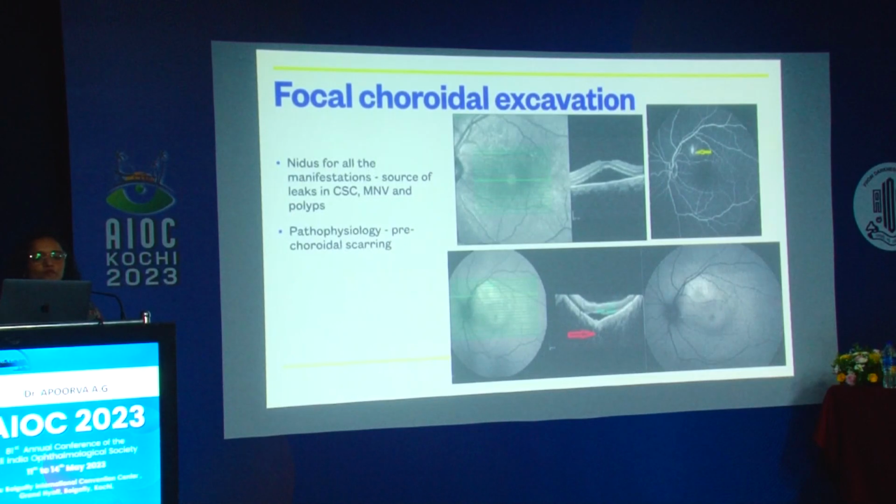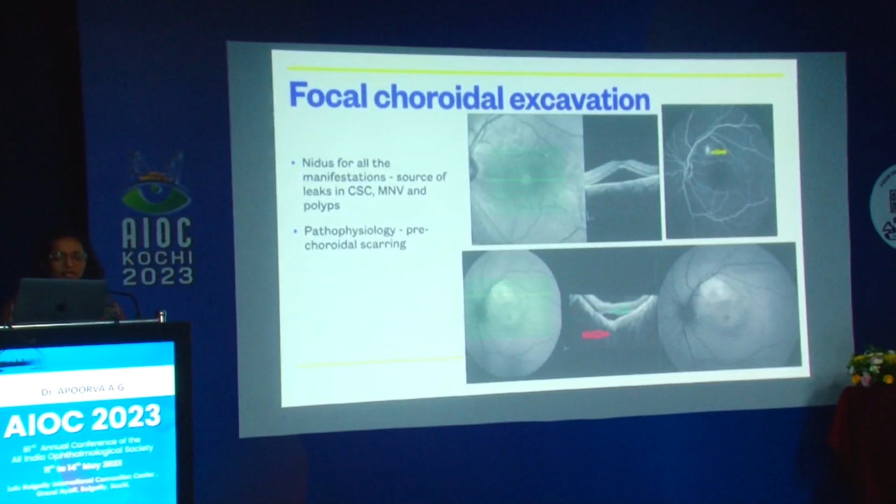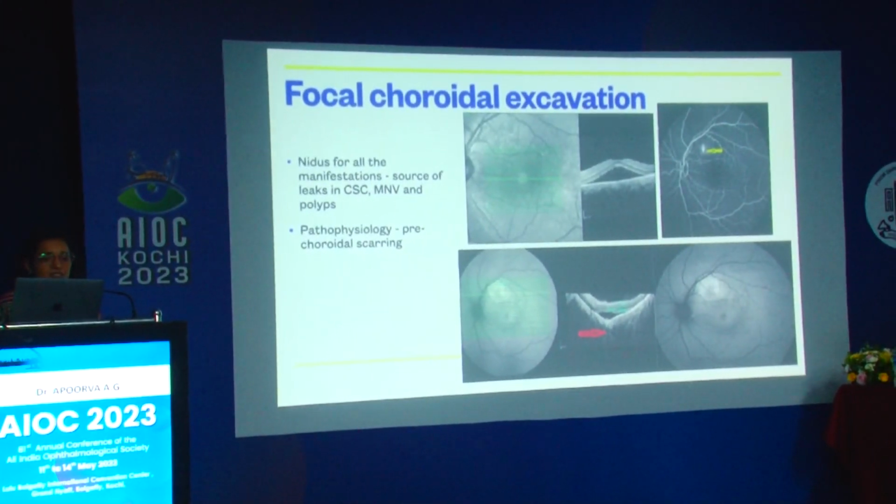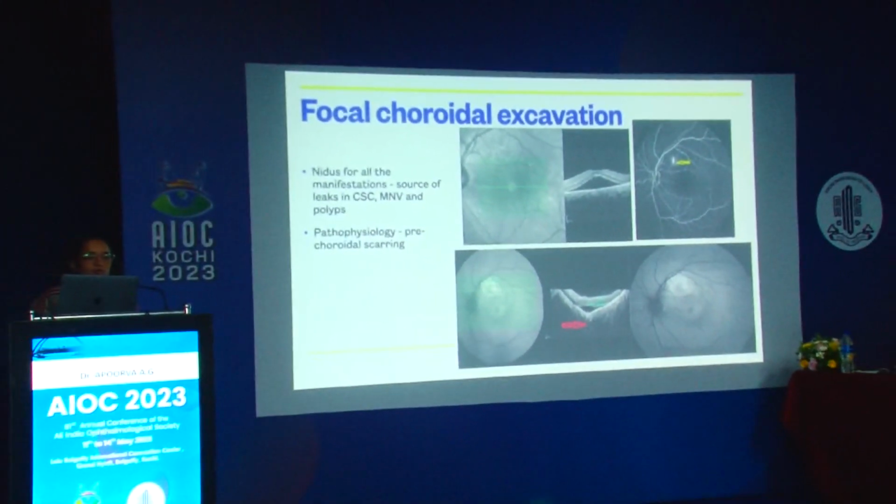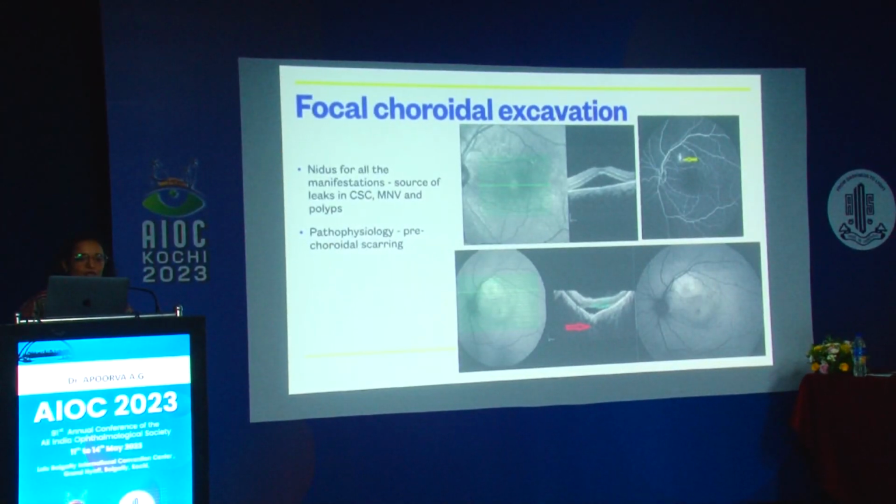This can be conforming or non-conforming depending on the lining of the excavation with the retinal layers. And the FCE is usually the nidus of all problems of pachychoroid, whether it's the source of leaks in CSC, whether it's the site of MNV, and whether it is polyps.